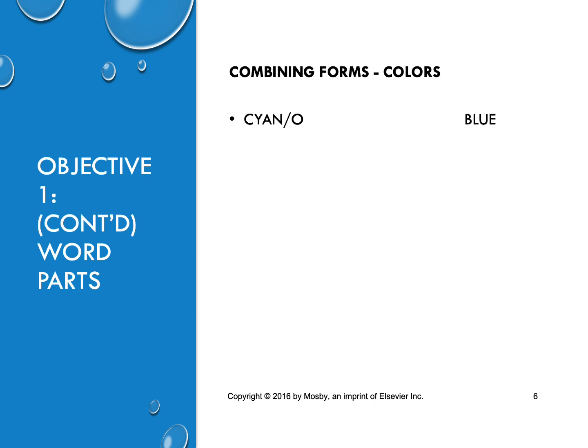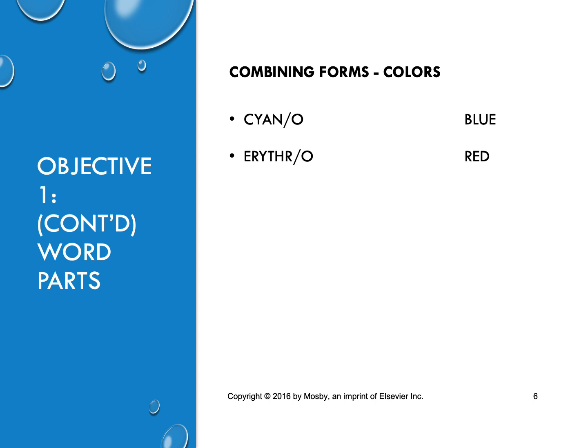Cyano, remember we said we were going to talk about some colors. All right, so cyano means blue. If a patient is cyanotic, that means that they have a bluish tinge to their skin, and that could clue us into something that's going on with the patient. Now, in the case of cyanosis, that could mean that they are not getting enough oxygen to their tissues.